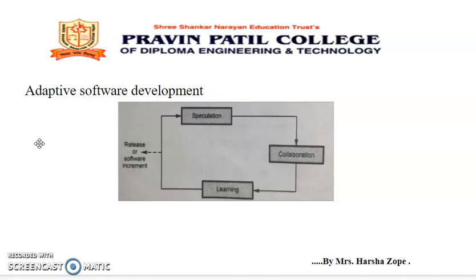Diagram is shown. The life cycle of ASD consists of 3 phases of software development. These are speculation, collaboration, and learning. Speculation. In this initial phase, the adaptive cycle planning is conducted.